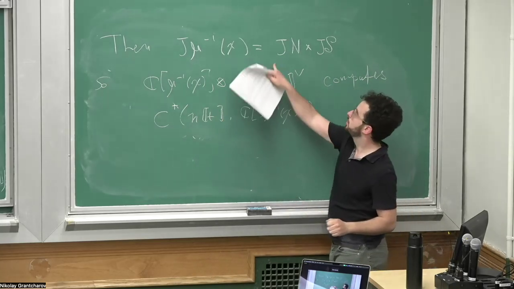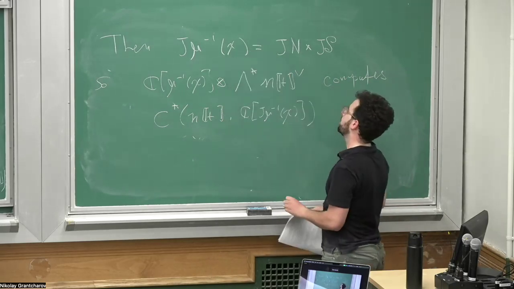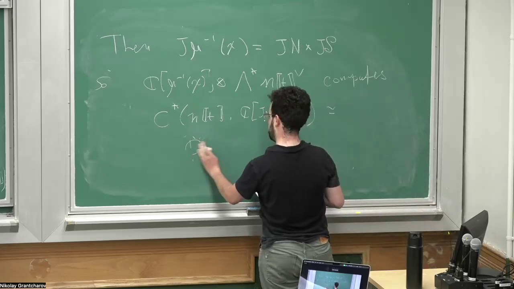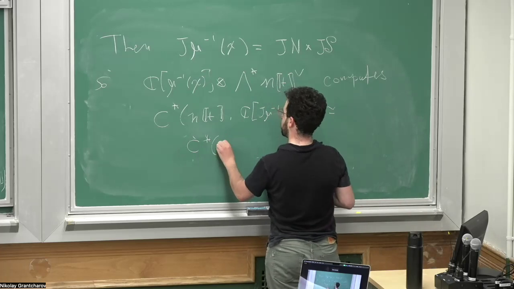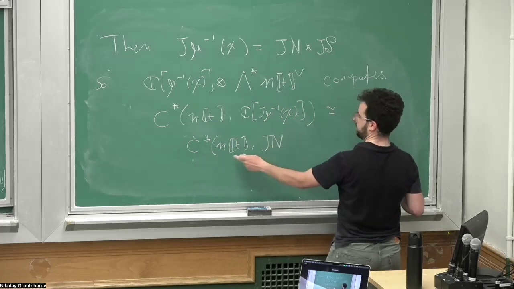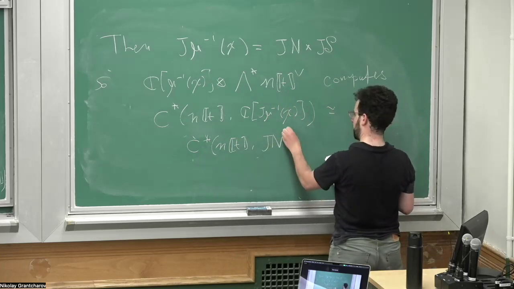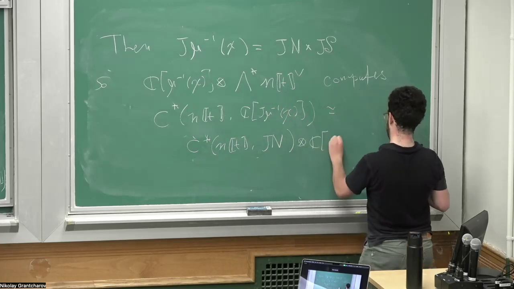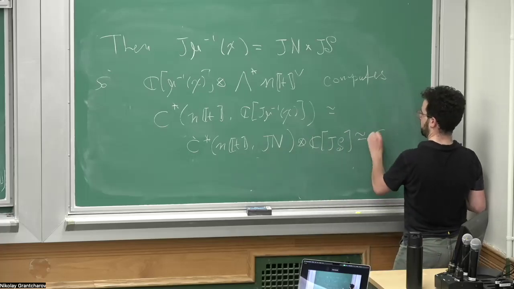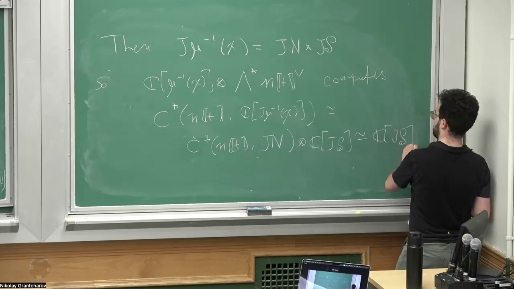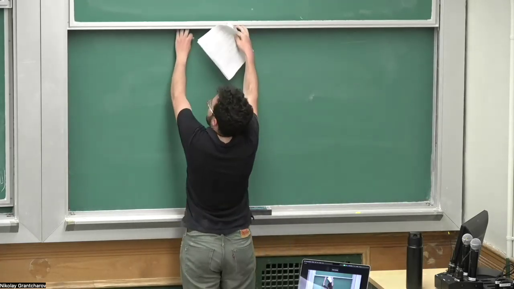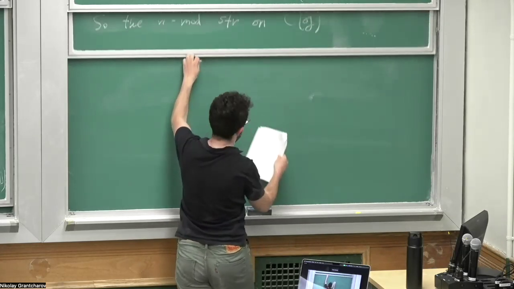The jet of the product is the product of jets. So this is just the homology of the jet of n, and this is just C, so the functions. Not a lot happened; it's just a statement that things work as they do in the finite case.